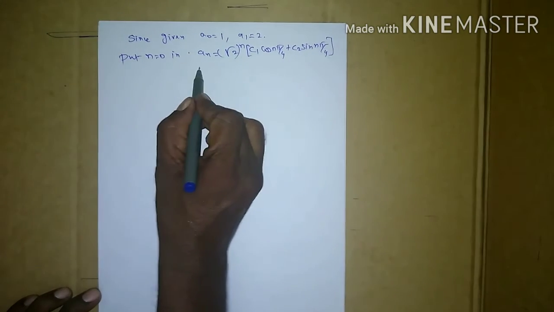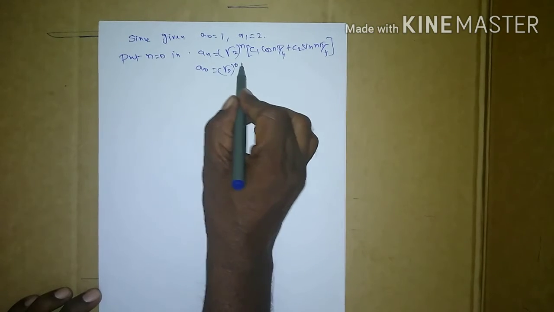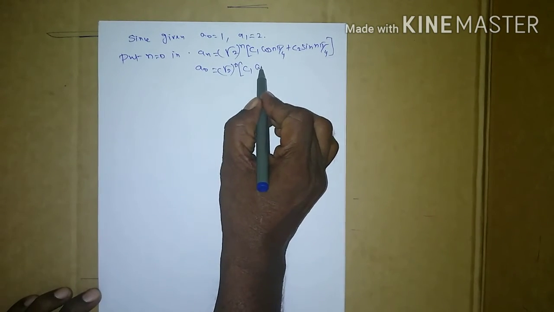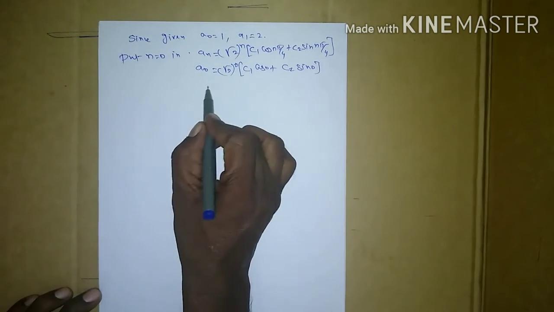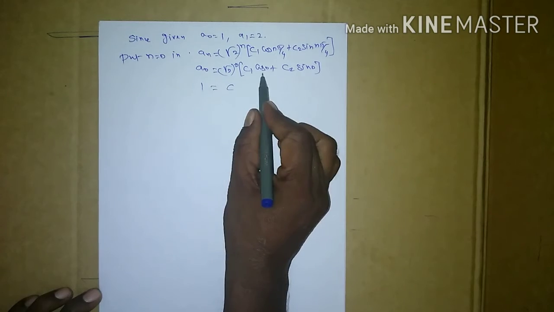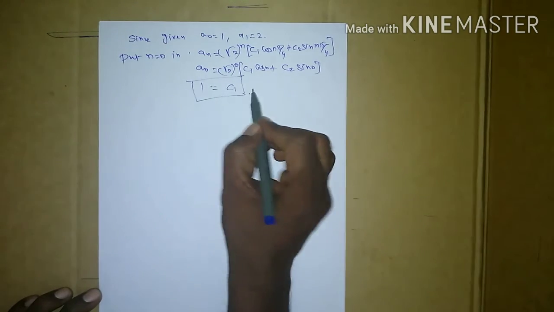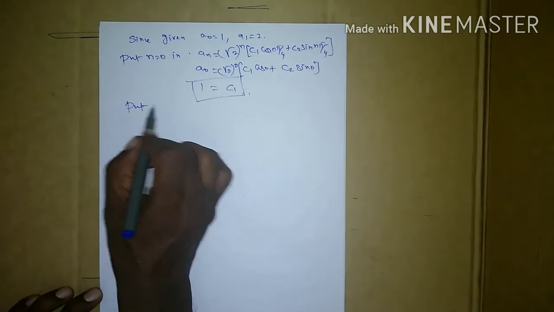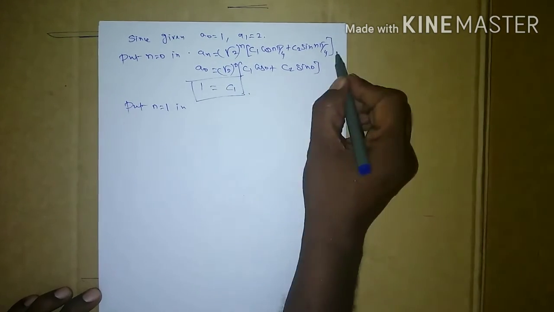Therefore, put n equal to 0 here. A0 is equal to root 2 power 0 into c1 cos 0 plus c2 sin 0, which is equal to A naught is equal to 1. Therefore, c1 into cos 0 is 1, sin 0 is 0. c1 equal to 1.